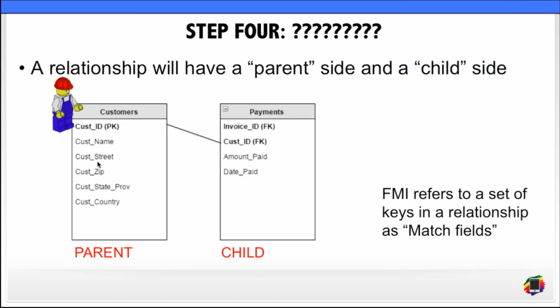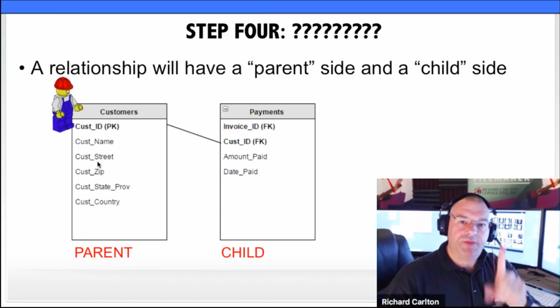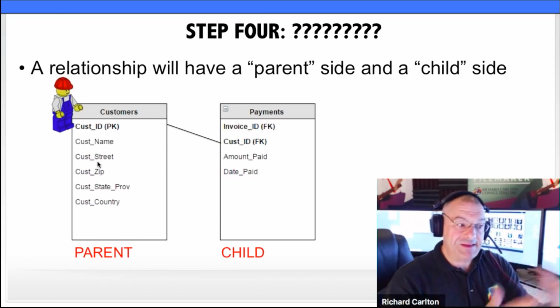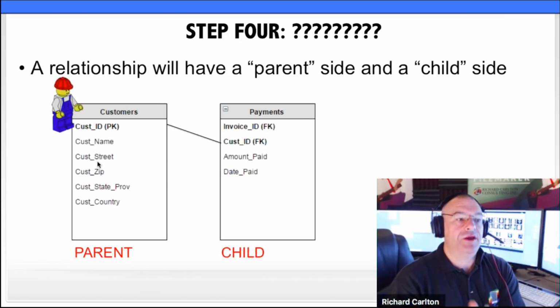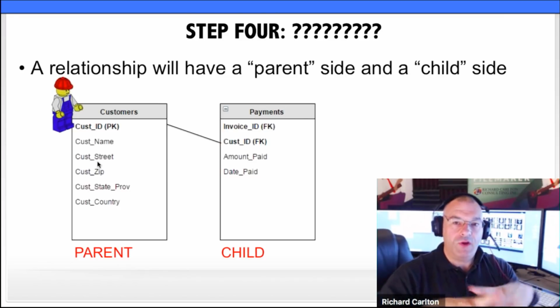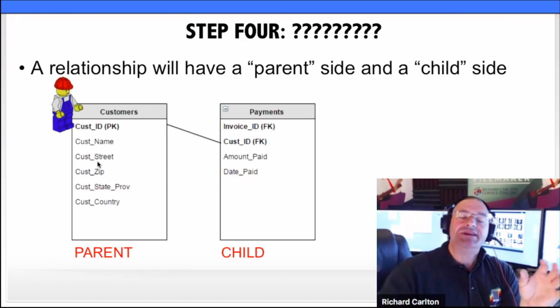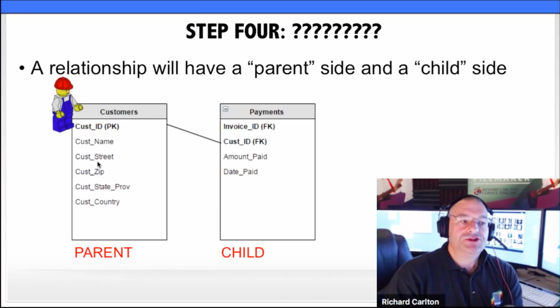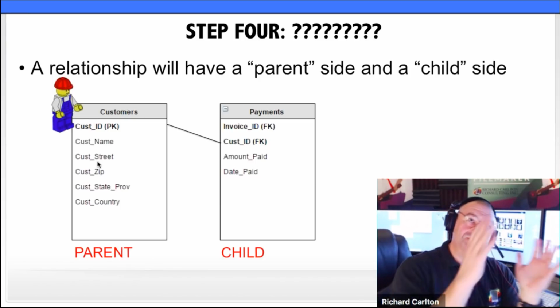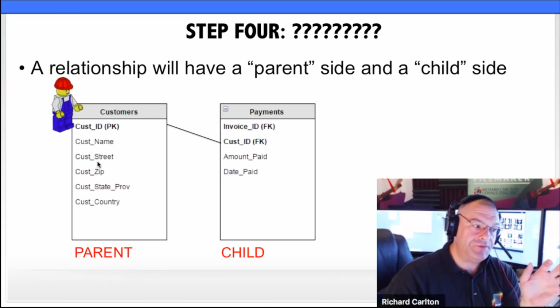So say that our entire system is a table called customers and payments, right? And it's about the perspective of the person at the time we're looking at this. So say that we're on a screen or a layout in FileMaker, and we want to look at the customer, and we want to see the payments that this customer has made. So obviously you understand there's a payments table and a customer table, and somehow there's a relationship from there.